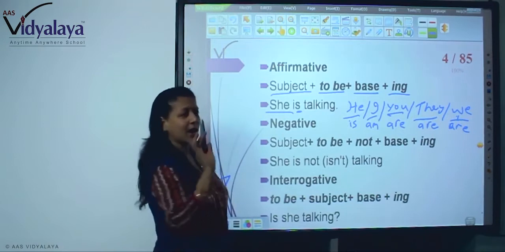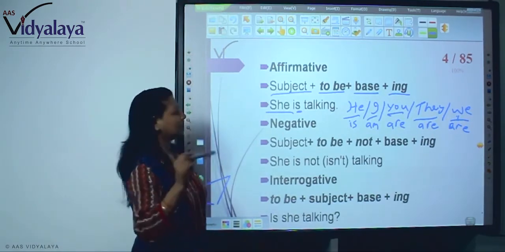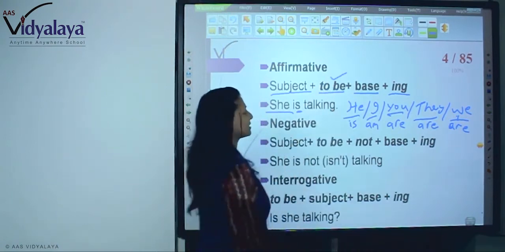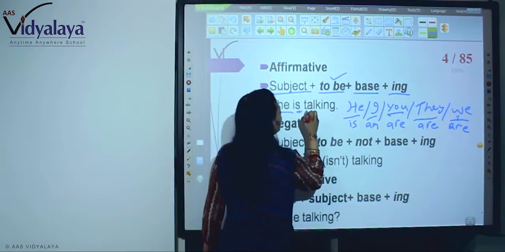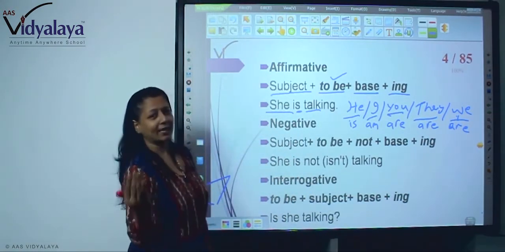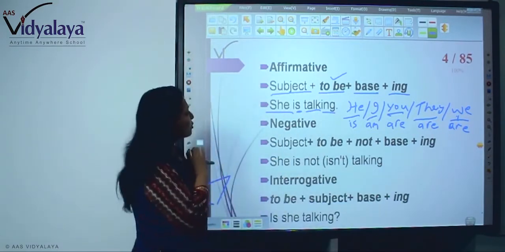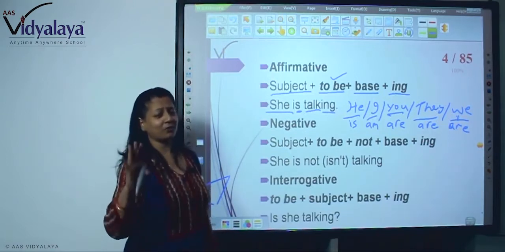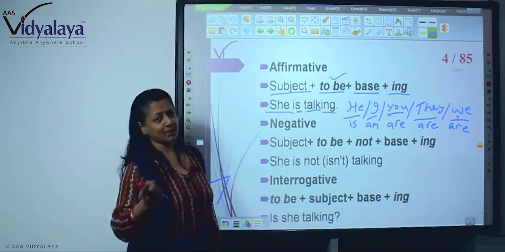So, according to the person, according to the number, this to be changes. Then, base. What is base here? Talk. Talk is base. Now, plus ing. So, you have seen ing also. So easy to make affirmative sentence. Subject plus to be plus base plus ing.